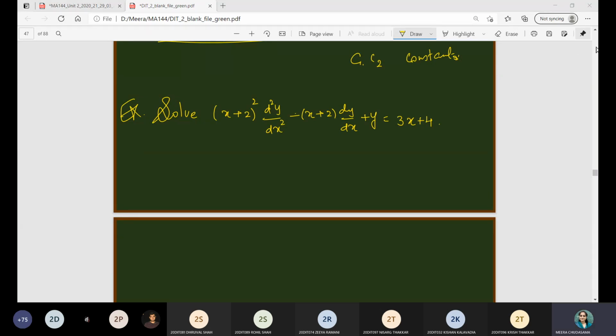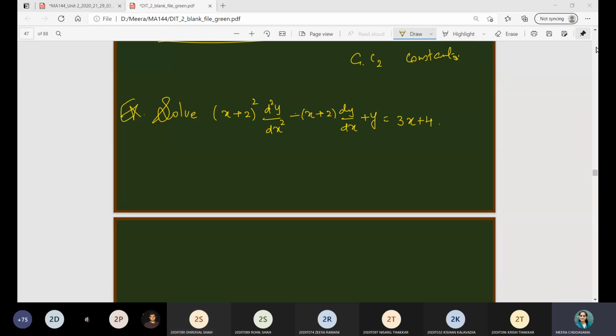What are the roots of the auxiliary equation you are getting? Okay, what is A here? Roots 1 and 1. Fine.